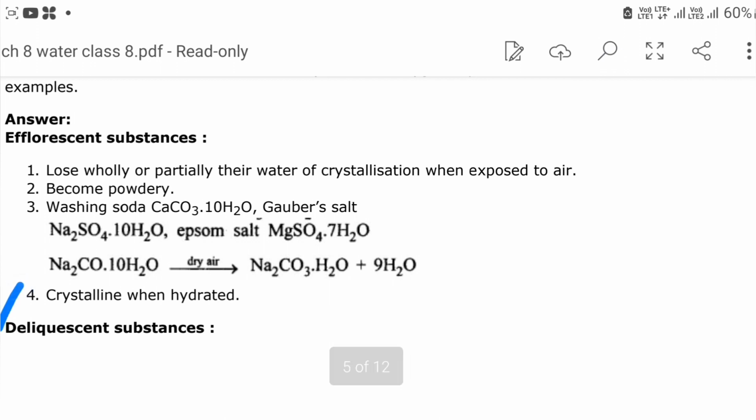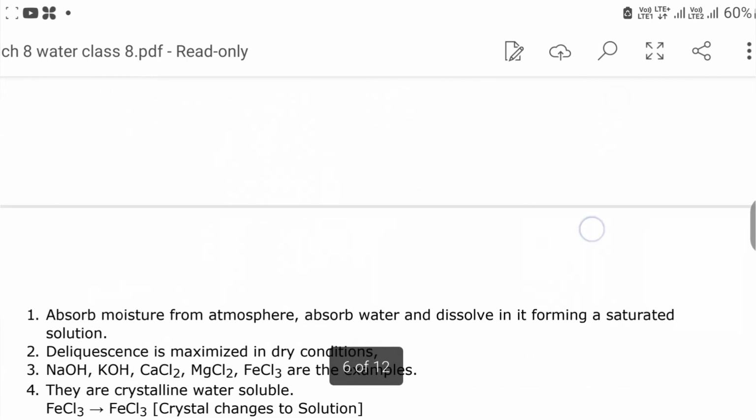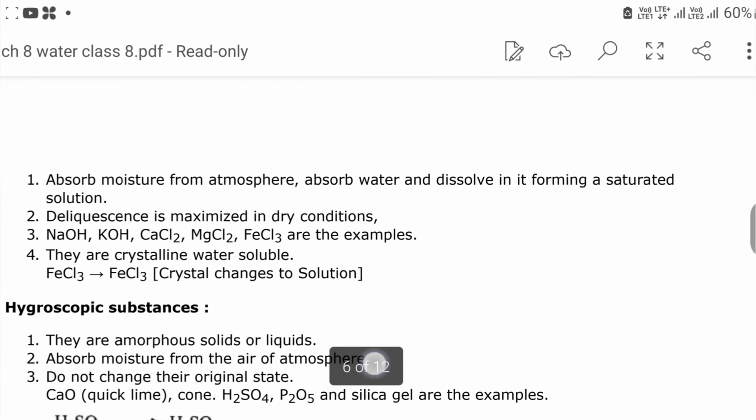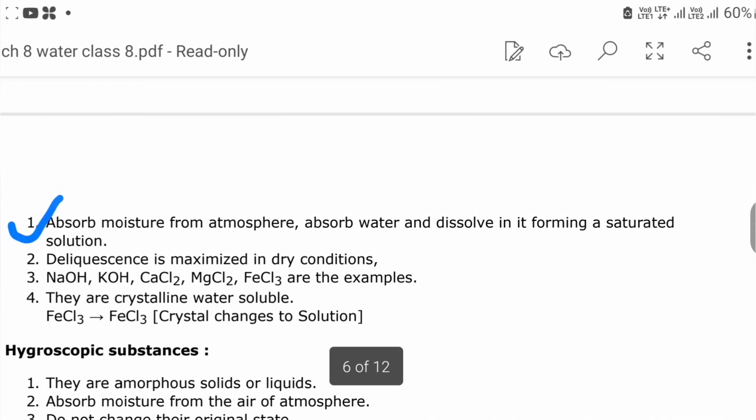Next one is the deliquescent substances. Deliquescent substances are those substances which absorb moisture from the atmosphere, absorb water, dissolve in it, forming a saturated solution.